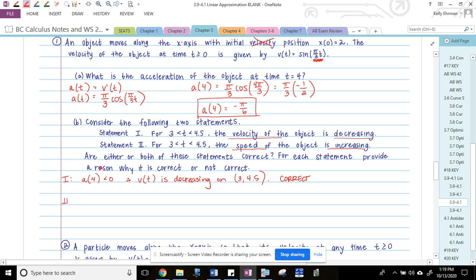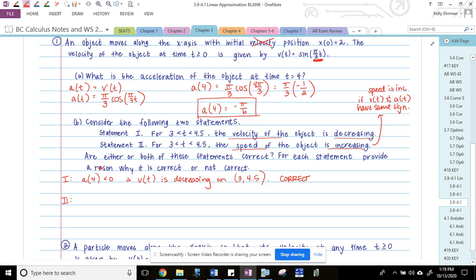And then statement 2. Is the speed increasing? Just in general, remember that speed is increasing if velocity and acceleration have the same sign. Meaning, if your velocity is decreasing, your acceleration needs to be negative.